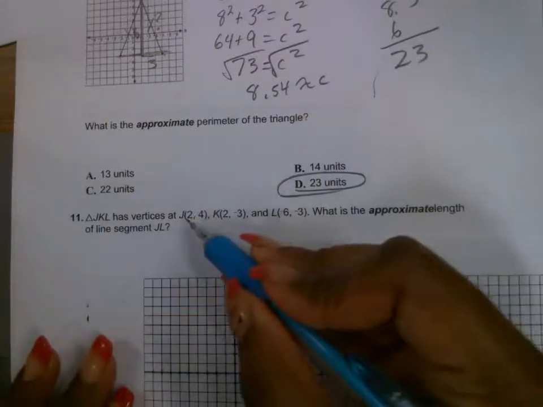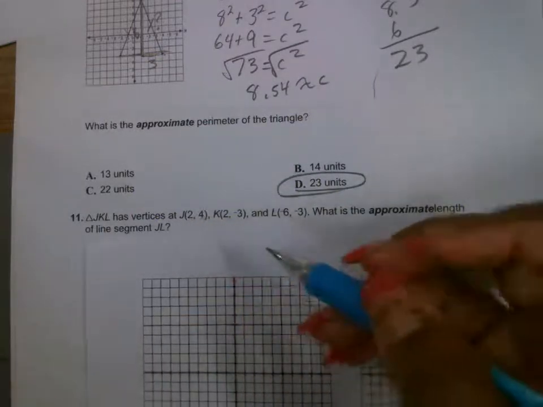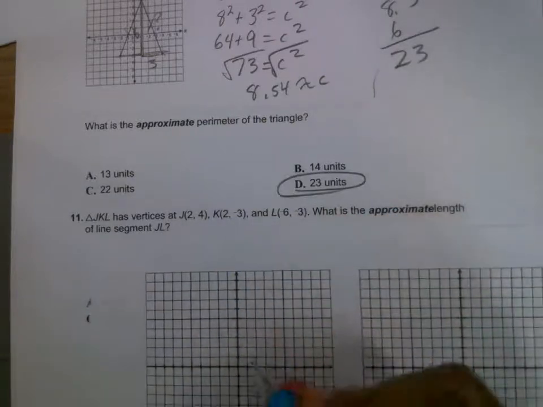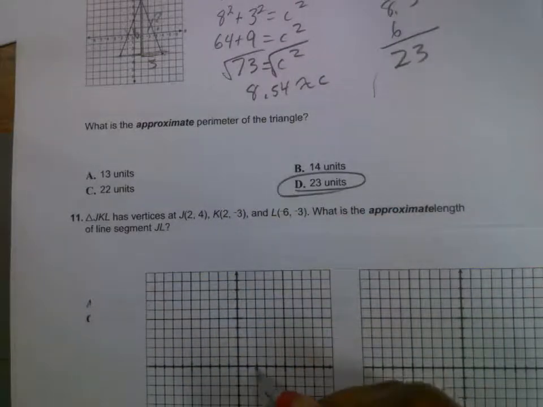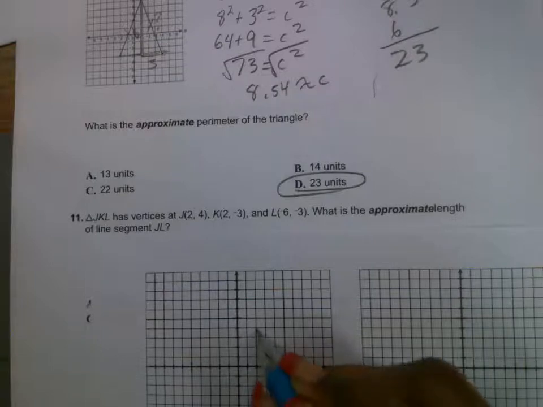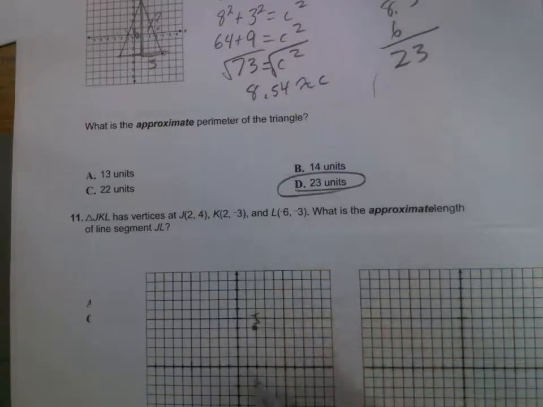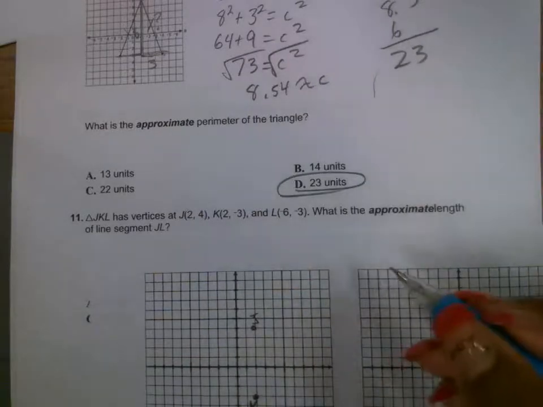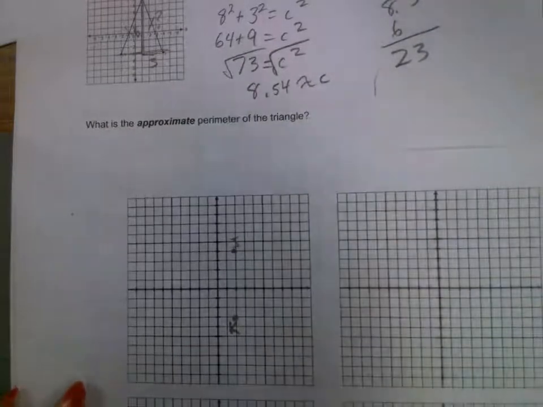We have 2, 4. So I'm going to go to 2, and up 1, 2, 3, 4. This is J. And then we have K at 2, and then down 1, 2, 3. This is K.